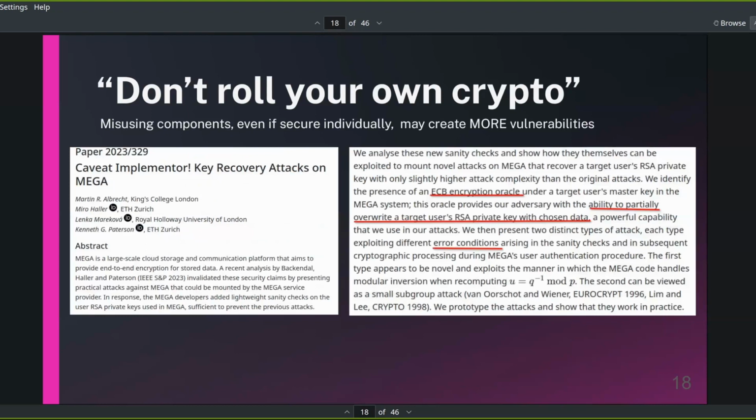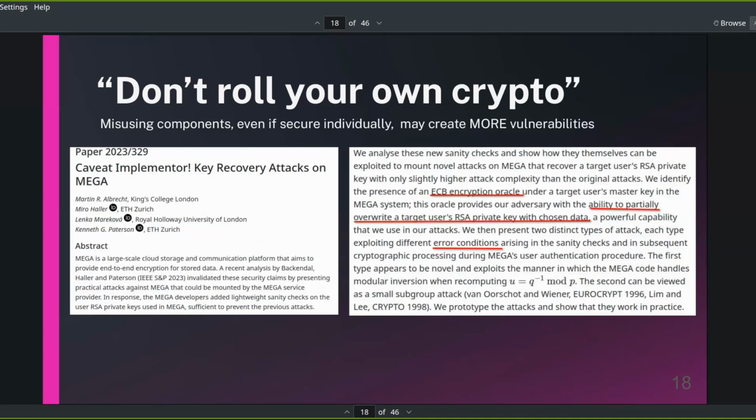And then there are, I guess, more YOLO crypto things. There is this storage company called Mega that had several issues in the past 18 months, with, I think, 2 or 3 papers on attacks against Mega. Basically, they added a lot of building blocks to try to secure their things. But then one of those building blocks became an oracle.